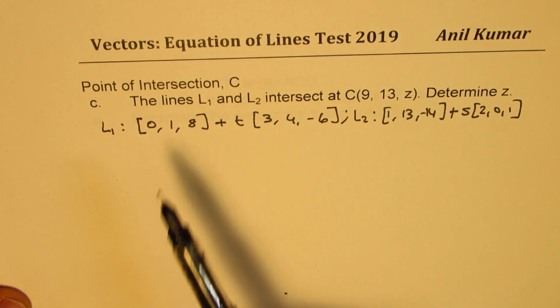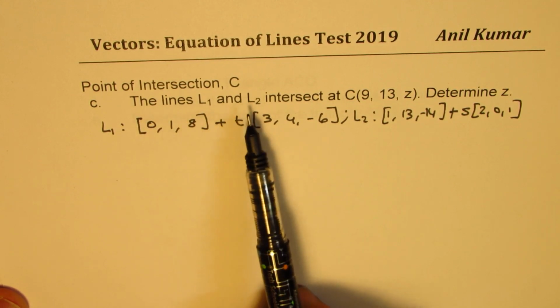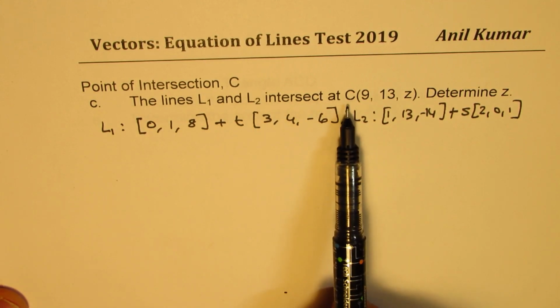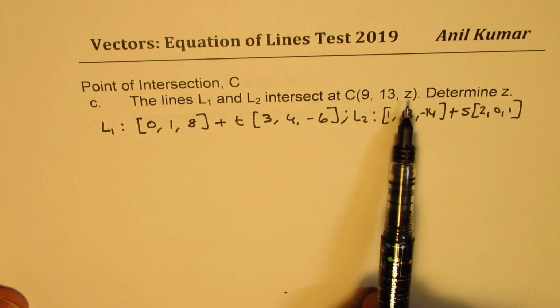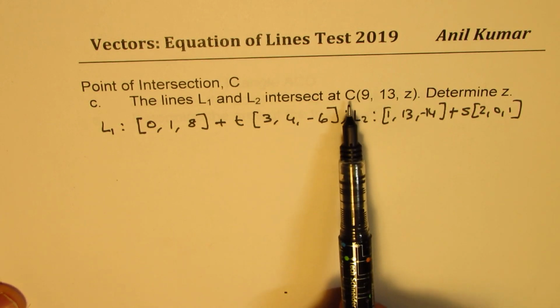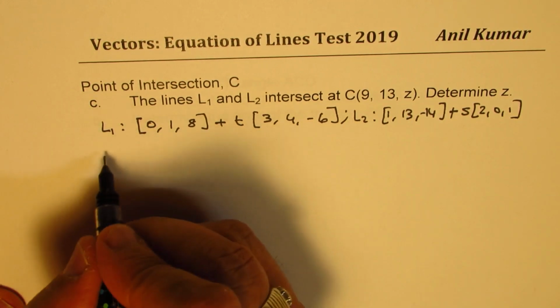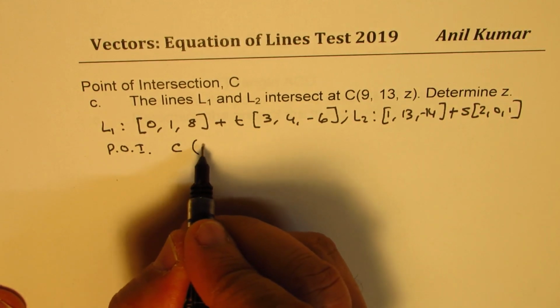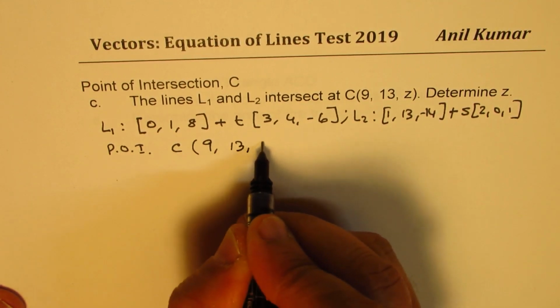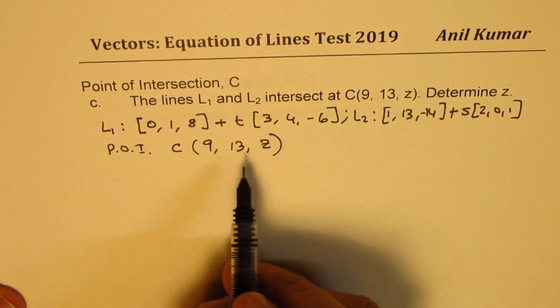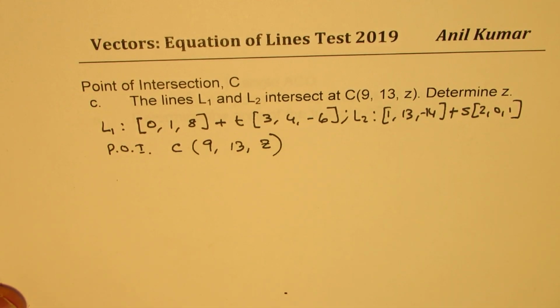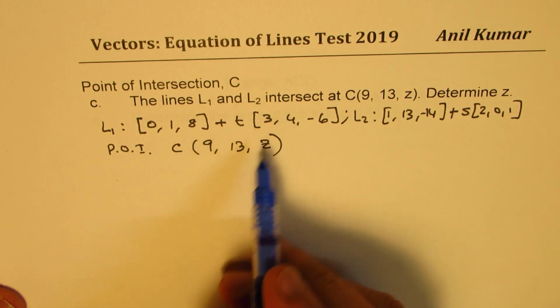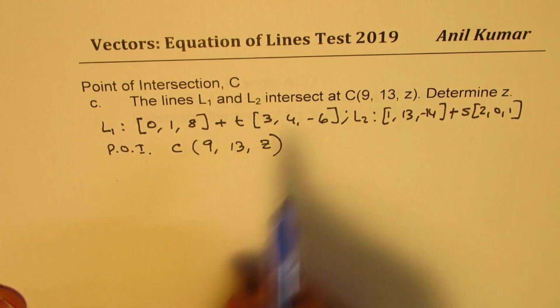Now the question says lines L1 and L2 intersect at C, which is 9, 13 and z. It already gives us a point of intersection, so this point is common to both. So what we can do here is find t from the first line, substitute and get z.